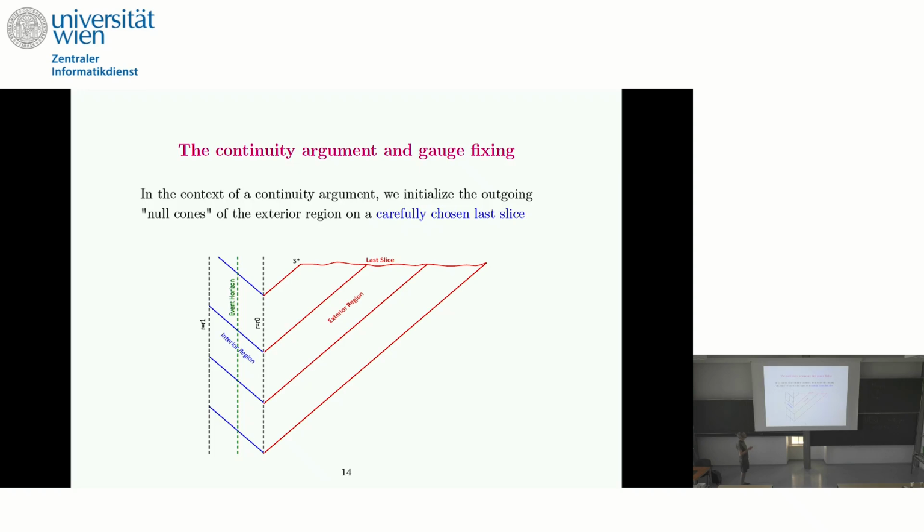This null cone you will stop at a constant value of the function r equal to r0, which is quite large and far from the event horizon, but fixed. Then, because on this r constant hypersurface you have a foliation by spheres coming from the outgoing null cones, you can initialize ingoing null cones. This is what allows you to enter the event horizon, and in fact you stop at the value r equal to r1, immediately after the event horizon.